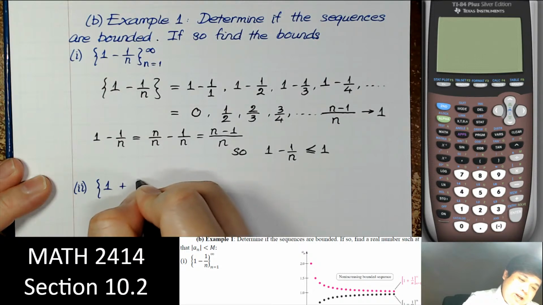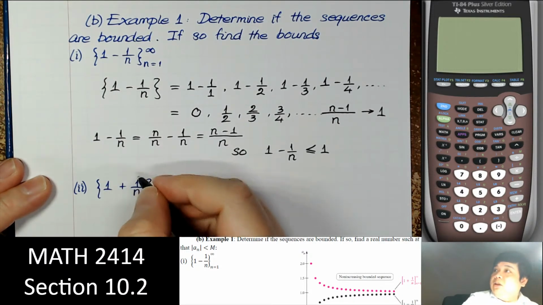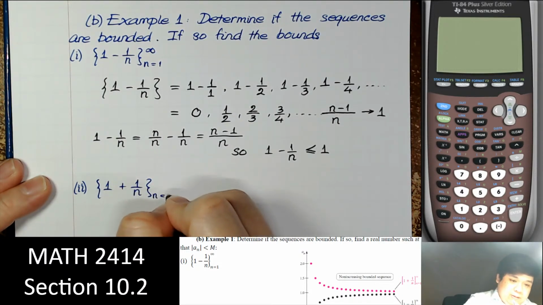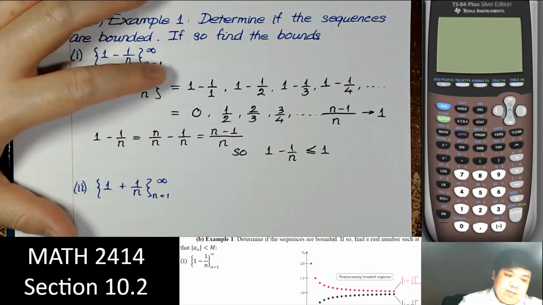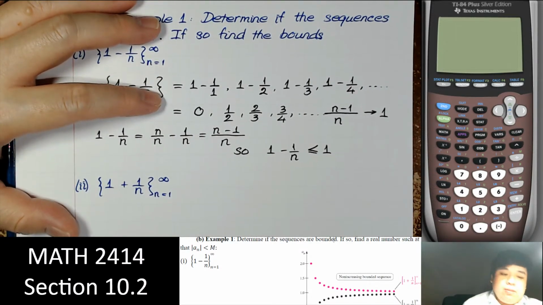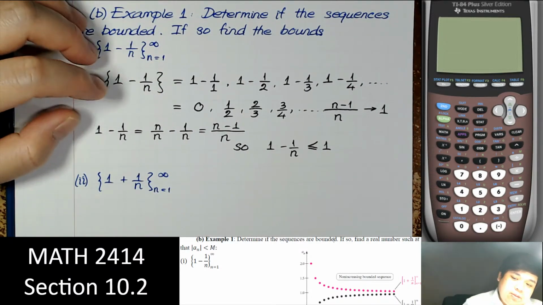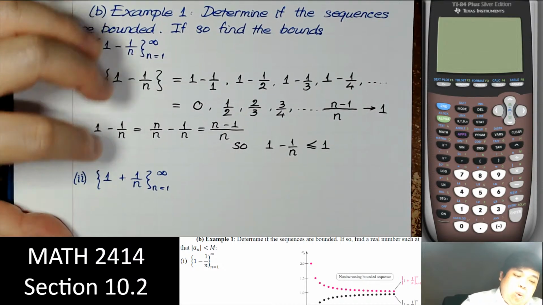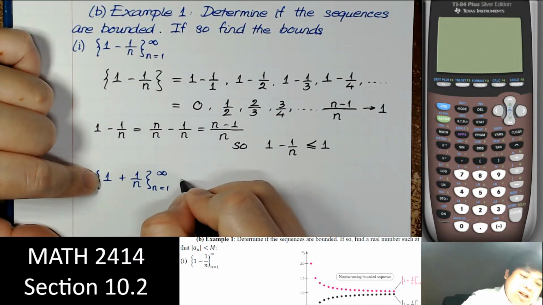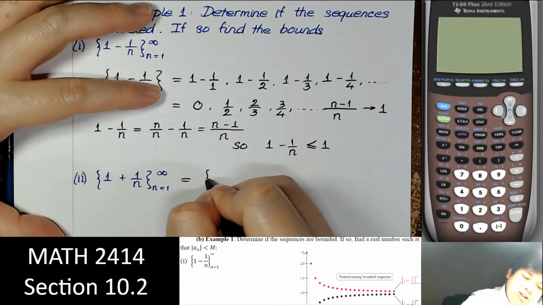1 plus 1 over n, we can certainly rewrite this with a common denominator.